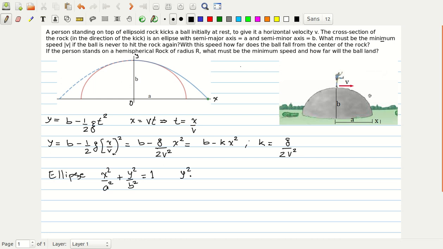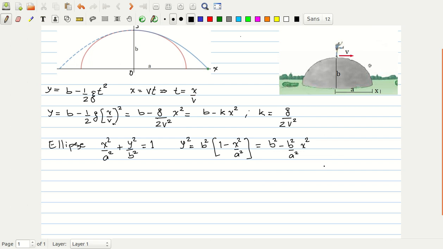You get y square equal to b square times 1 minus x square by a square, which is b square minus b square by a square x square, right? So we have y square equal to b square minus b square by a square x square, and for the parabola y is equal to b minus k x square.